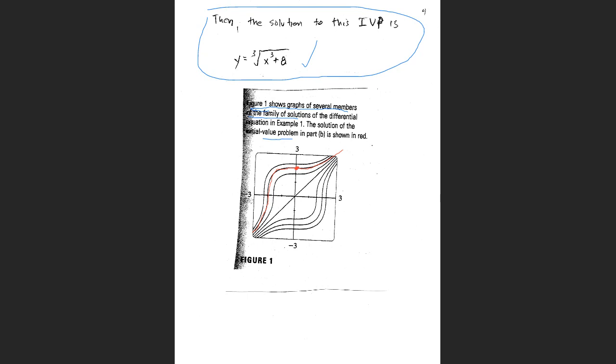It passes through (0, 2), that coordinate there. And based on the picture, this is (1, 1), so that's 2 there. So maybe on the WebAssign homework, you had to be a little careful. Remember the matching problems where you had to pick out the right solution?